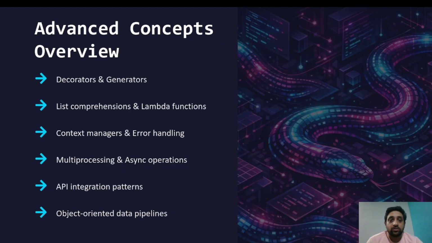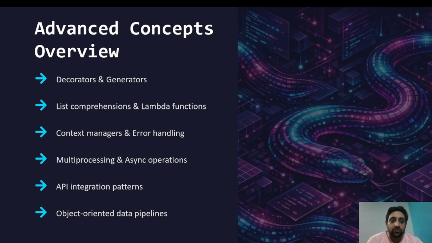Now let's move on. Advanced concept overview. In advanced Python for data science, there are several powerful concepts that improve efficiency and code quality. Decorators allow us to extend the functionality of functions without modifying their original code, which is useful for logging or performance tracking.